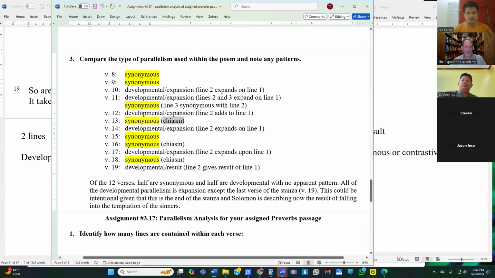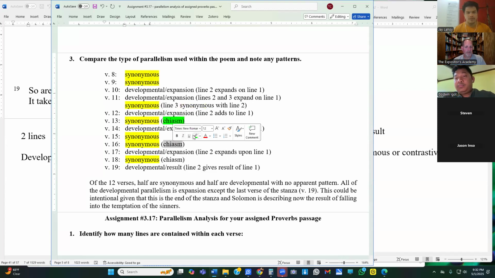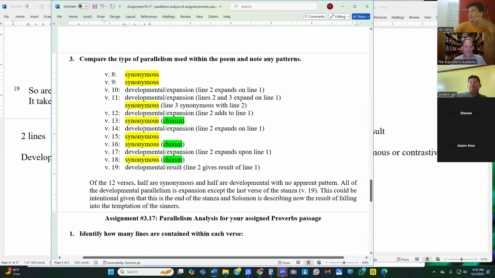Okay, I might even highlight, there's a chiasm on this one, potentially. Chiasm, chiasm. And then the others look like developmental expansion. So half of them are synonymous, half are developmental.